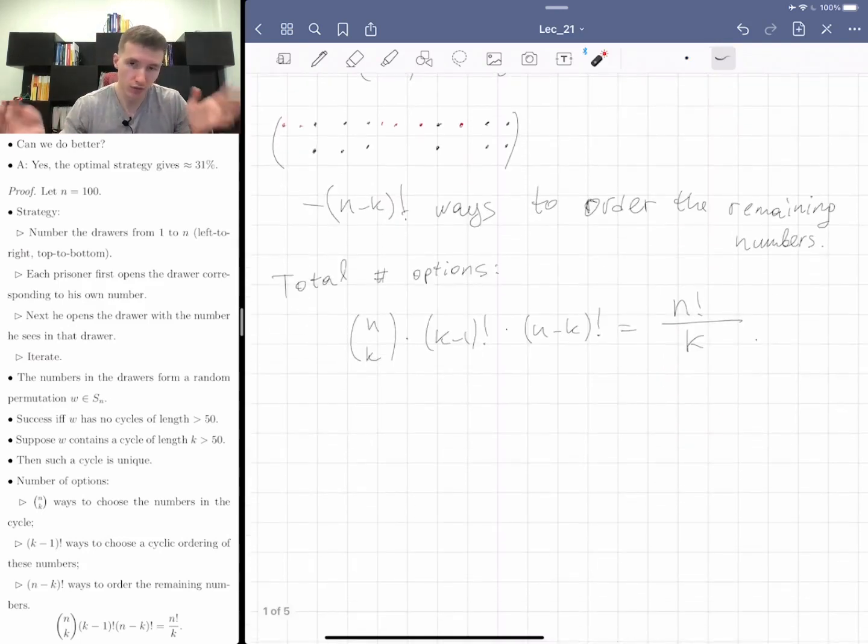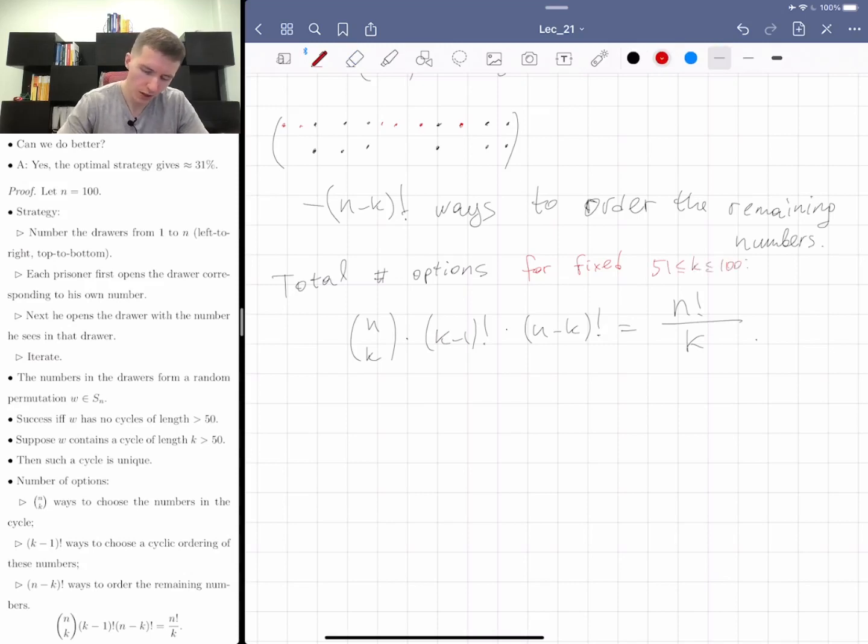But then we have to sum over all possible sizes, where k is between 51 and 100. If you sum over all k, you get n factorial times 1 over 51 plus 1 over 52 plus etc. plus 1 over 100.